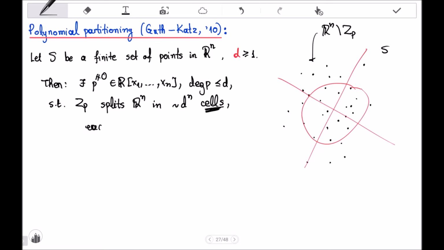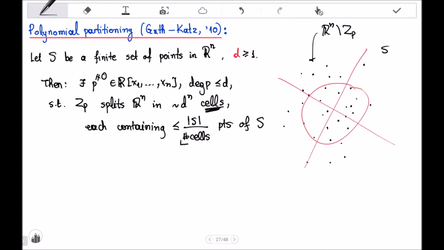So each cell will contain at most its fair share of points, at most the average, literally the average: the number of points of S over the number of cells. So we know how many parts we have, and we know at most how many points we have in each part.